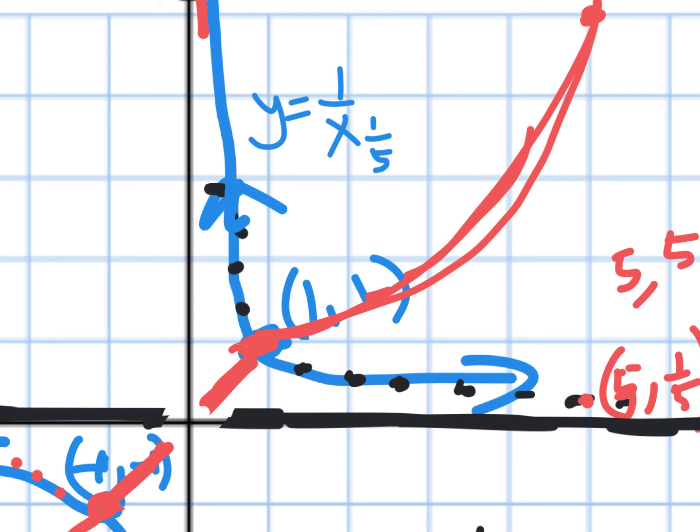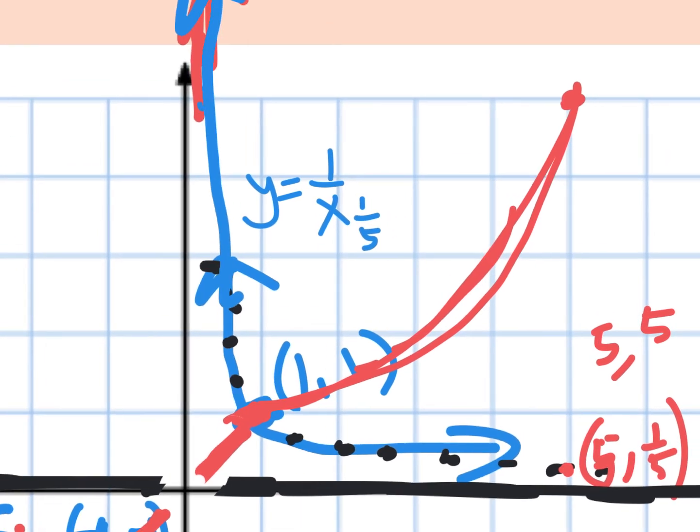So this has a point on it of 1/5 comma 5. So that's up here. Then let's take that point and find the reciprocal of that one. And so it'd be 1/5 comma 1/5.